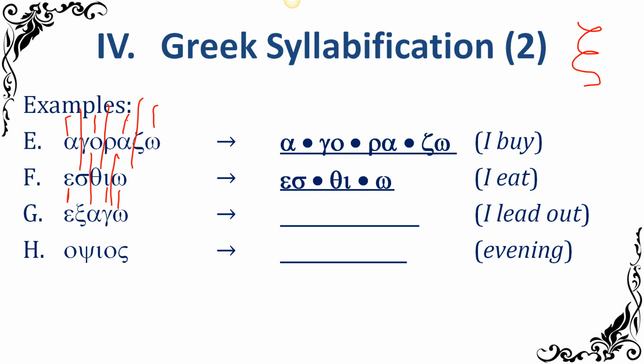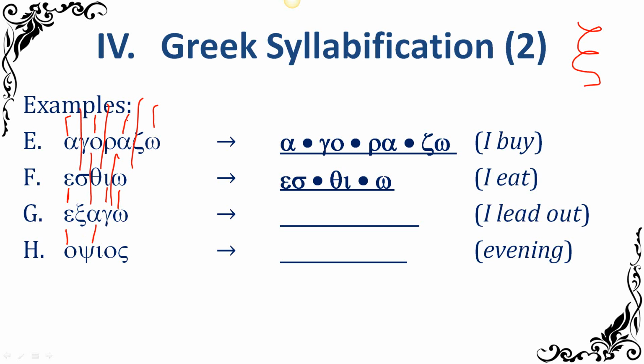Next word, we need to find our vowels again. So Mac, you've got this one. What are our vowels? The first one is epsilon. Yeah, you got it. Epsilon. Perfect. And then alpha. Got it.